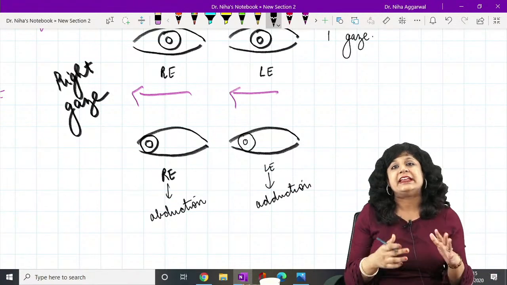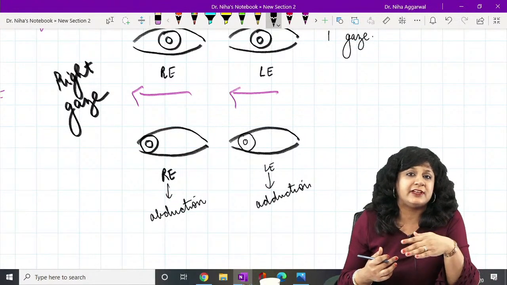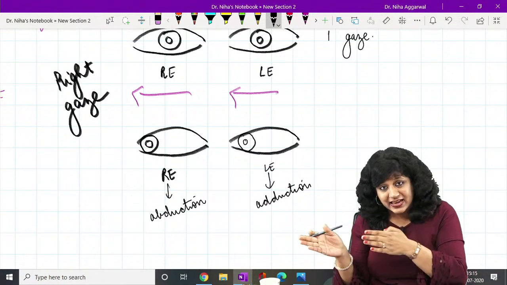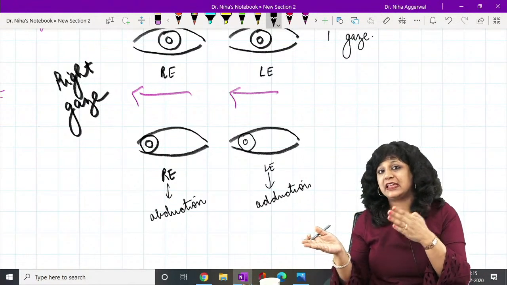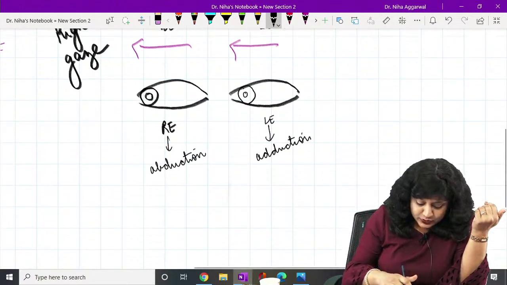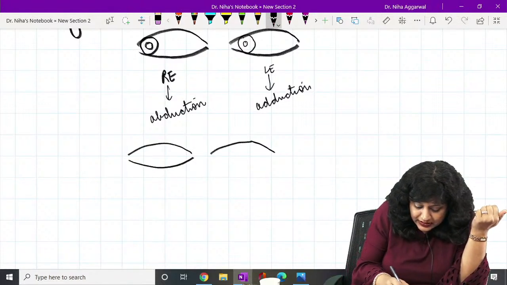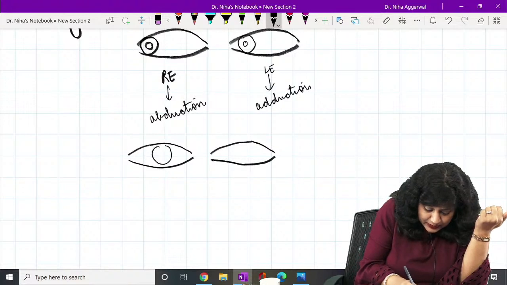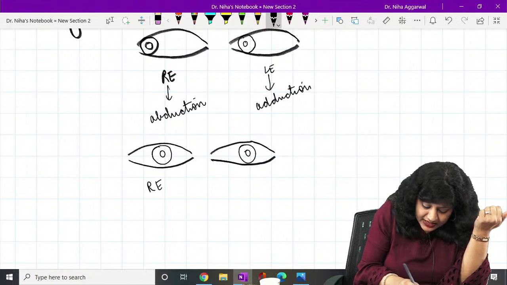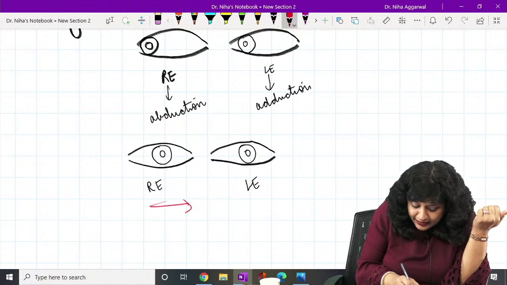Because if this is very clear, this will become very easy for you to understand the gaze palsy as well as INO. So when I am seeing in the right gaze, that means my right eye is abducting and my left eye is adducting. Similarly, when I am talking about the left gaze, now this is the right eye and this is the left eye, and I am asking the patient to look in the left gaze.